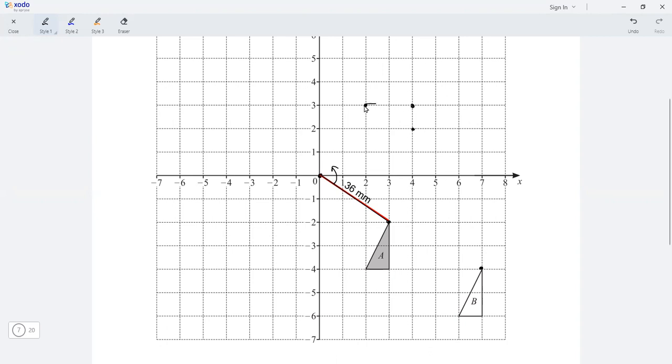So if we join these 3 points, it will be the rotated triangle, and it must be C. By making lines, it will be fine.